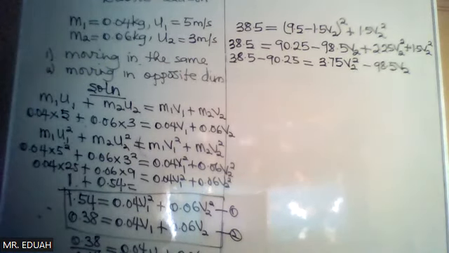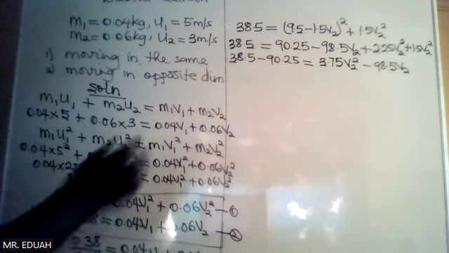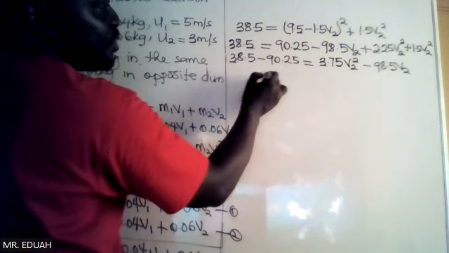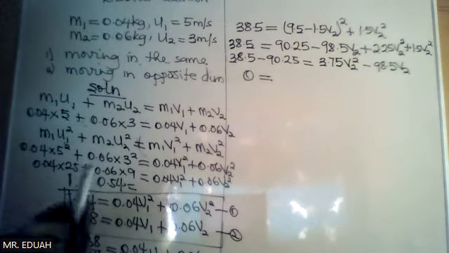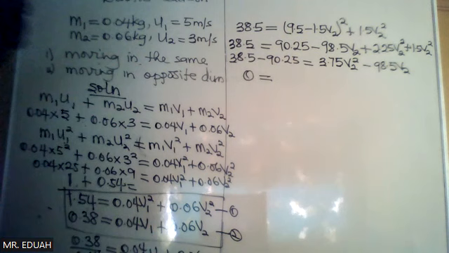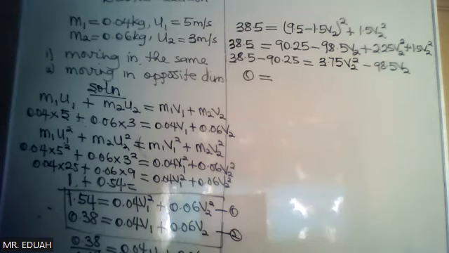38.5 minus 90.25. Please hurry up. Minus 51.75.